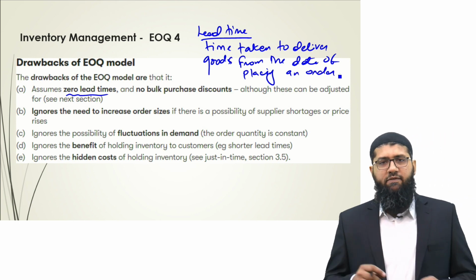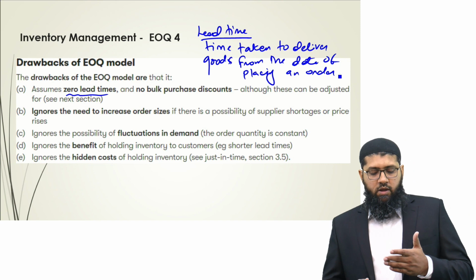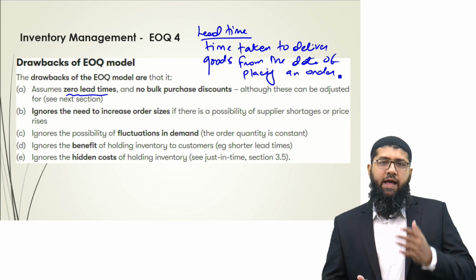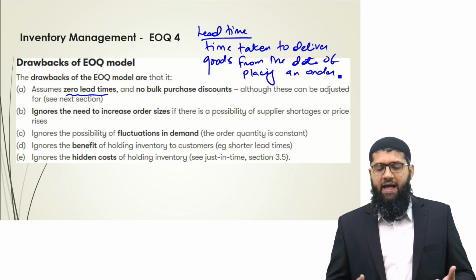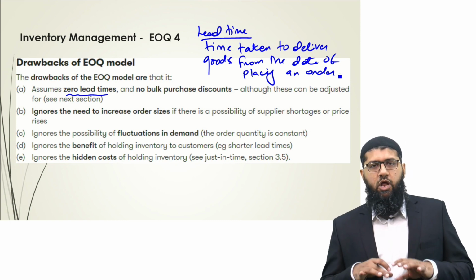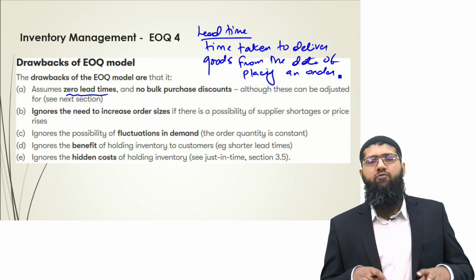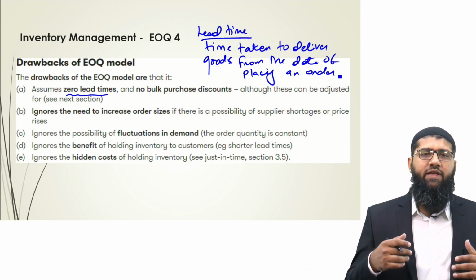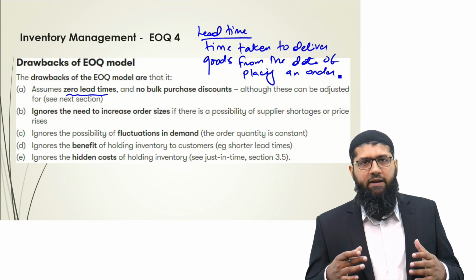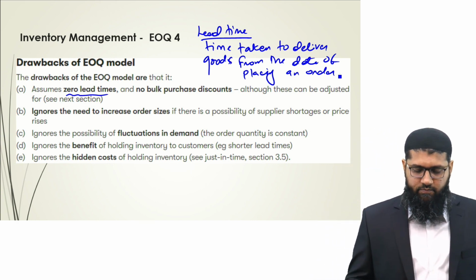So from the time at which you place an order till the time the goods are delivered, whatever time it takes is going to be considered as what? Lead time. So economic order quantity assumes zero lead times, which is an unrealistic assumption, because no matter what happens, the lead times can never be zero.